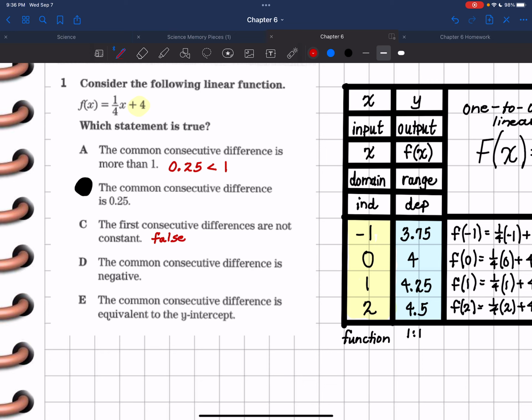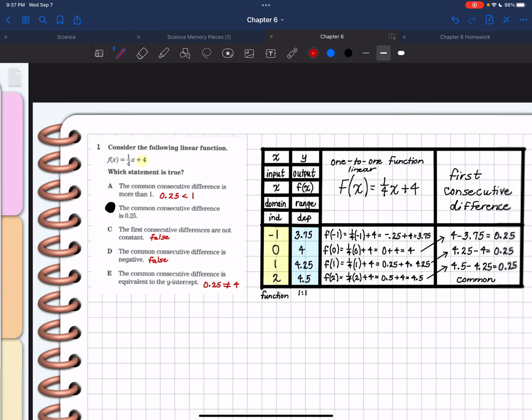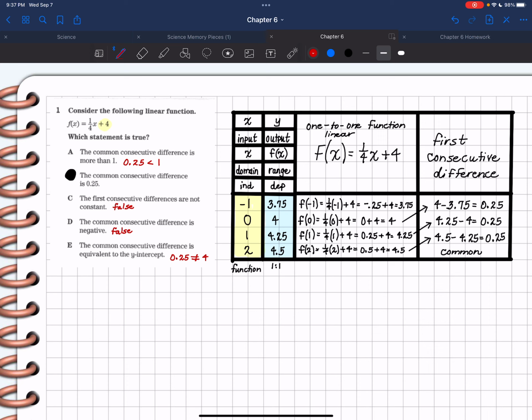The common consecutive difference is negative. That's a false statement. The common consecutive difference is equivalent to the y-intercept. Well, 0.25 does not equal 4. So that also is a false statement. So this is truly a linear function, as we suspected it would be.